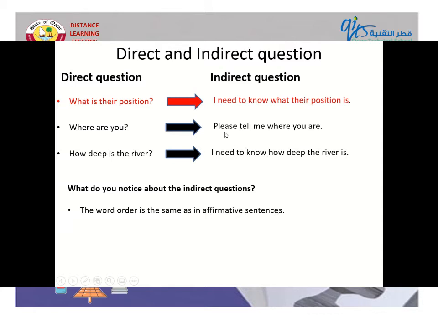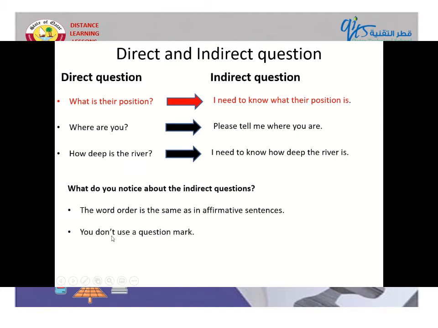The same thing here. Please tell me, a phrase, question word, and then subject plus a verb. The same thing here. A phrase, question word, subject plus a verb.